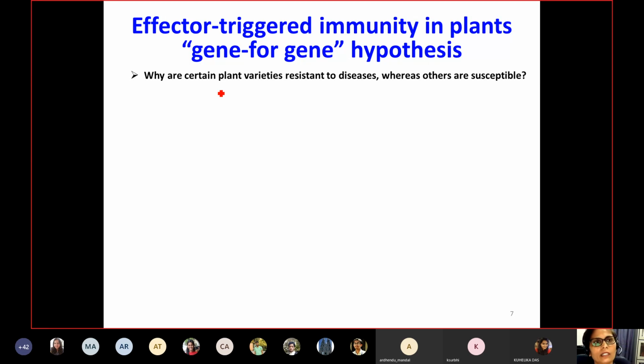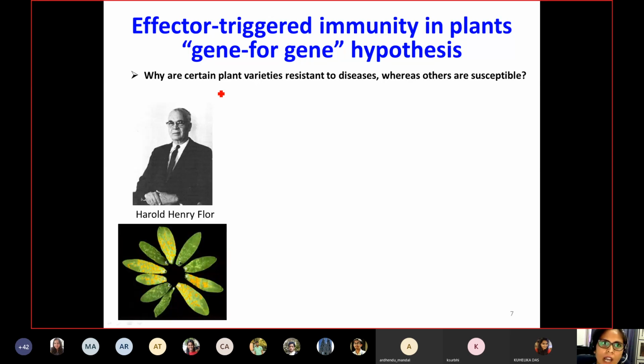This puzzled many of the scientists until one scientist named Harold Henry Flor. This scientist was very methodical, and he was studying a cultivar of flax plant and the pathogen, that is a fungus, which is infecting this plant, as shown in yellow in this case.